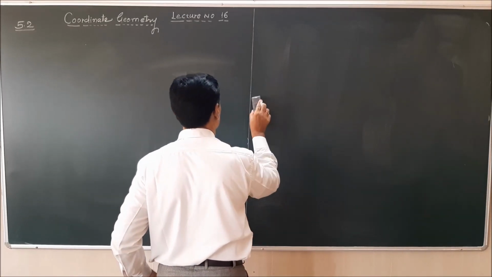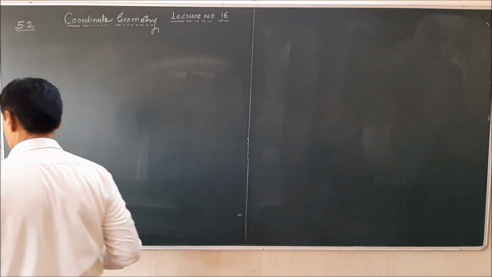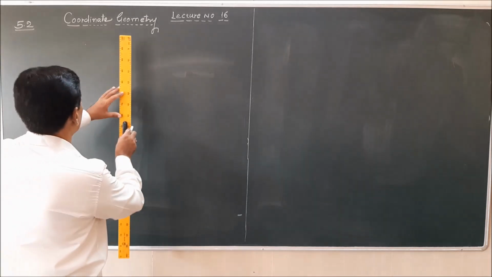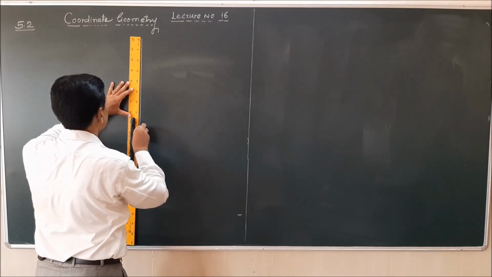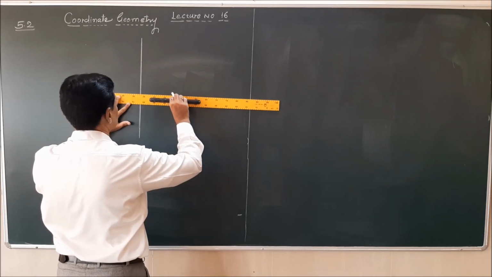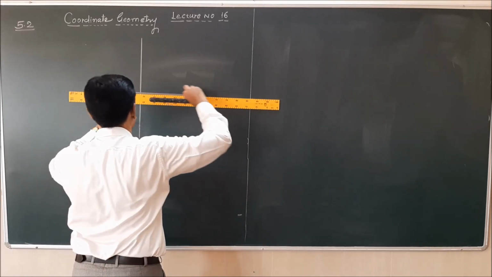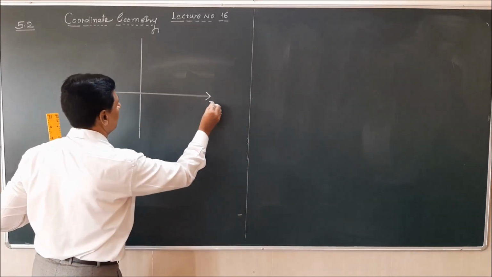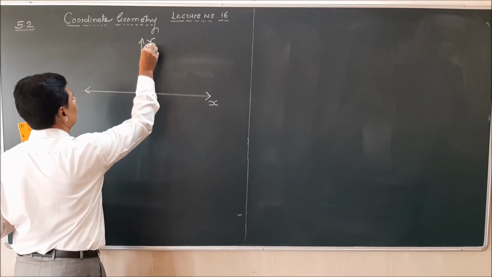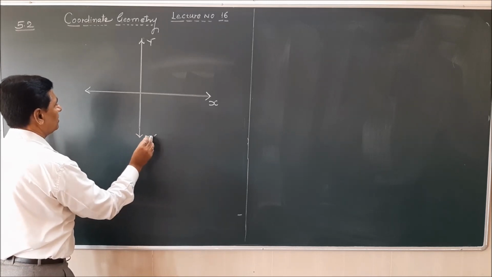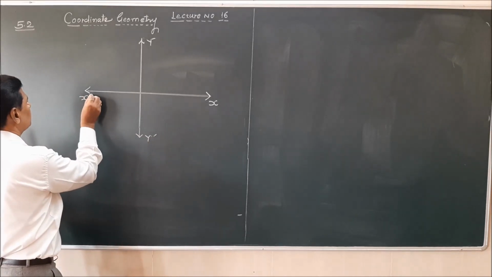The xy plane, as you all know, in coordinate geometry, we use the x and y axis. For example, if I draw, this is the y axis, this is the x axis. I label it as x, this as y, y dash, x dash.